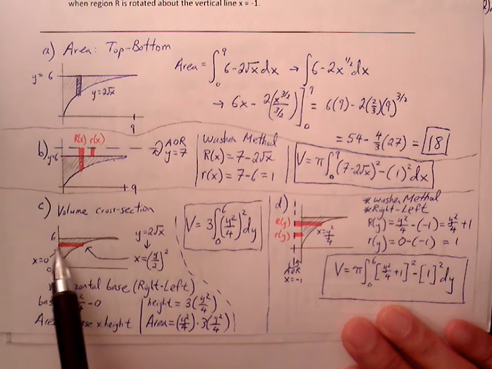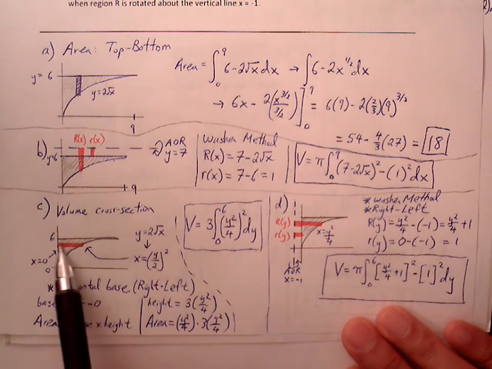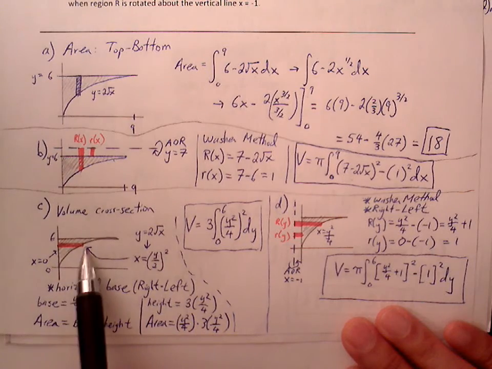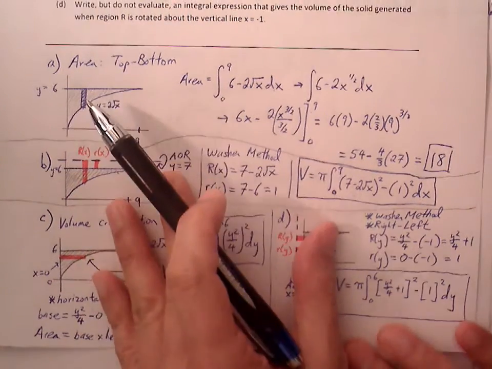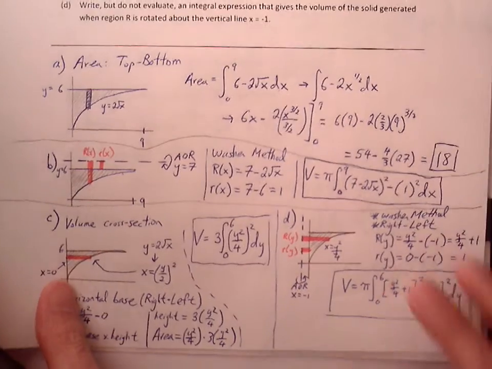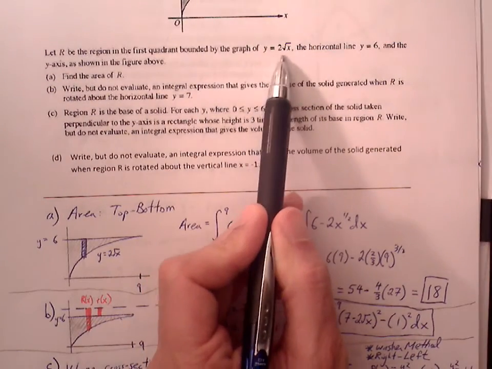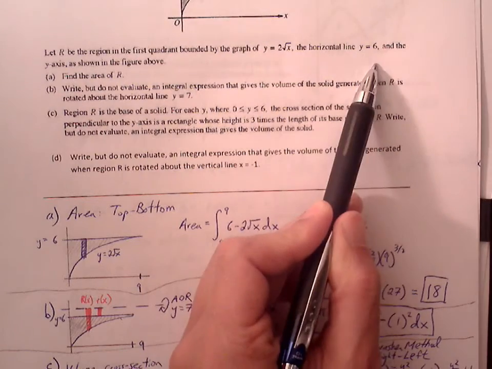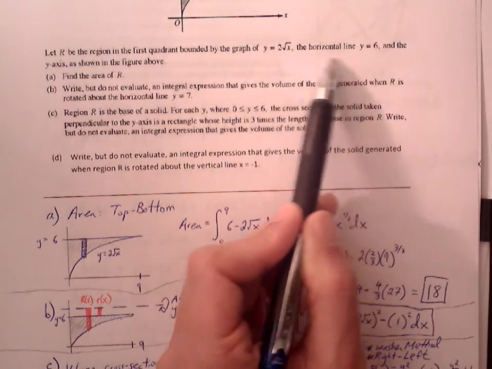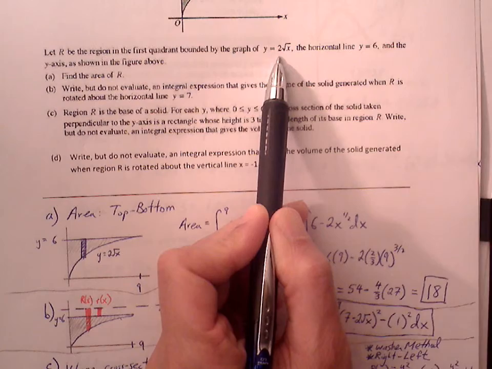But if we do a horizontal base length, that means we have to do right minus left. If we do right minus left, that means the equations given to us are not in the correct form. We have to get them into the form of x equals. Right now this is in the form that is good for top minus bottom, but not for right minus left.